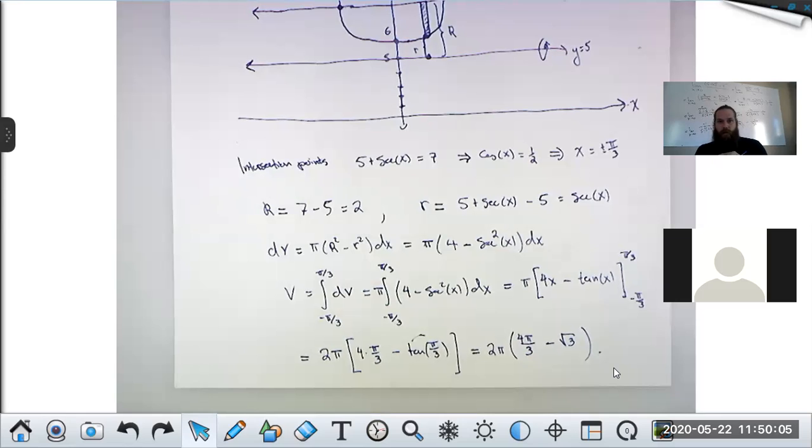I didn't, no. I used a symmetry argument. So instead of evaluating this from pi over 3 to negative pi over 3, I evaluated it from pi over 3 to 0 and doubled it.